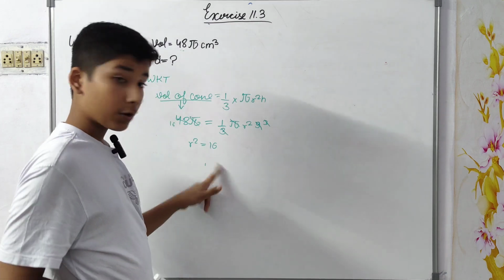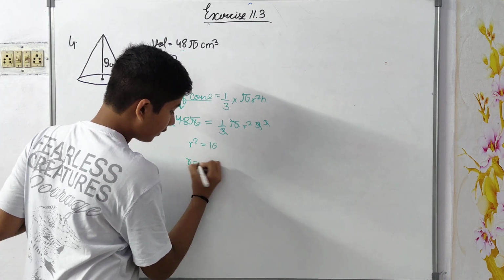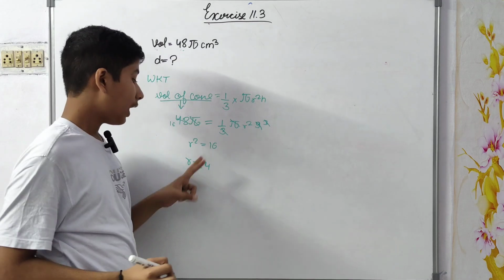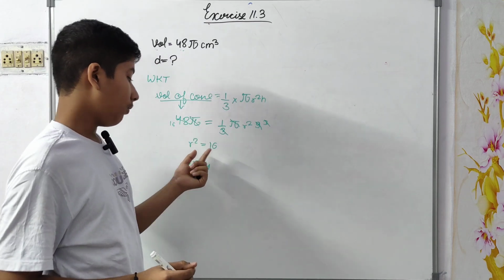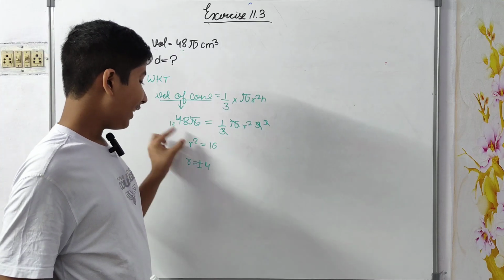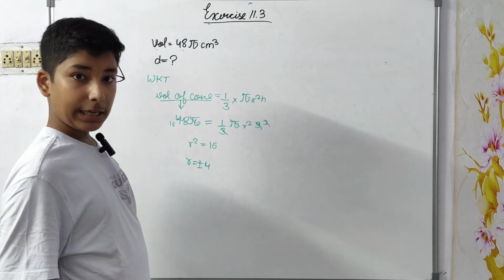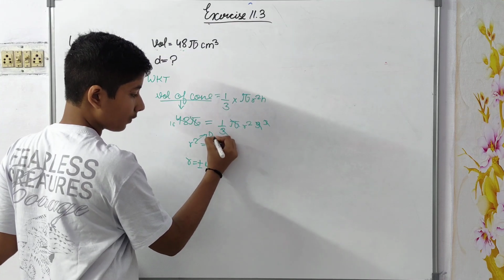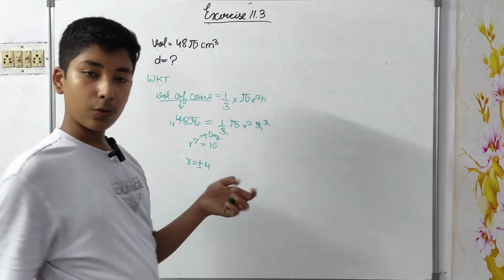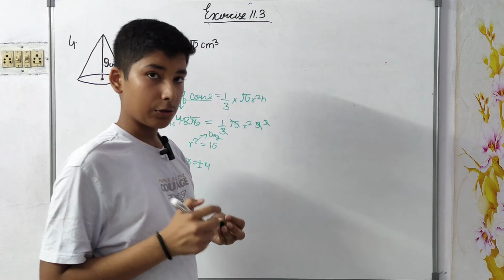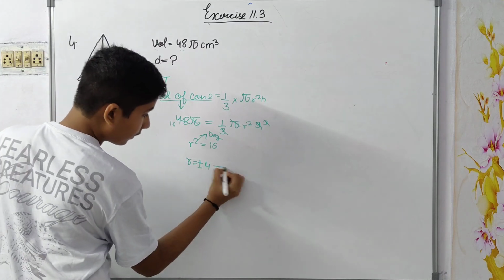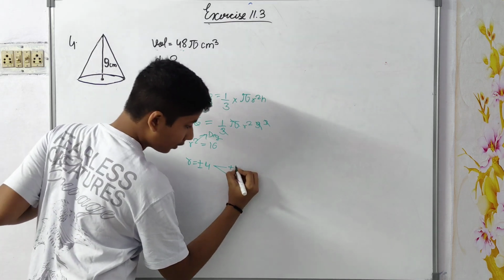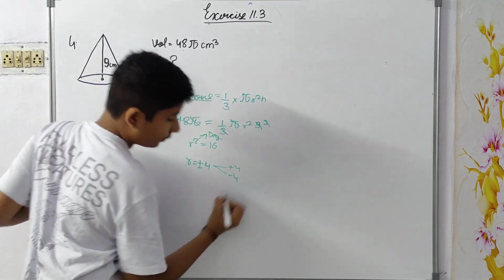But see, it would not be just 4. r equals plus minus 4. Why plus minus? Because it is a quadratic equation. The degree is 2, and if the degree is 2, then the answers will also be 2, either plus 4 or minus 4.